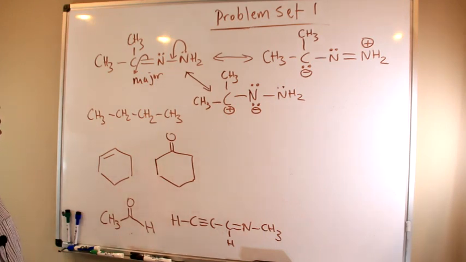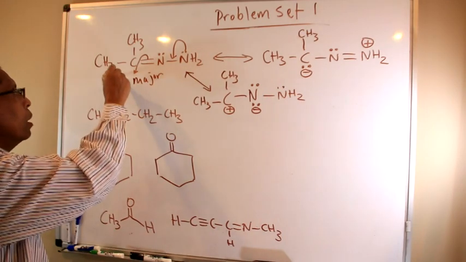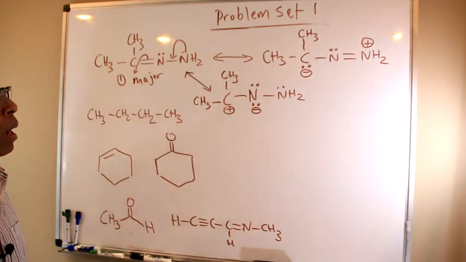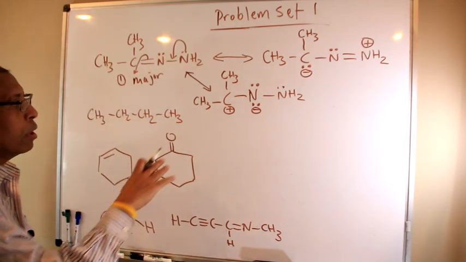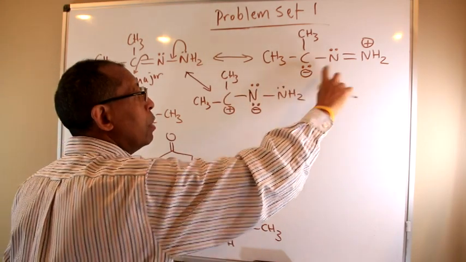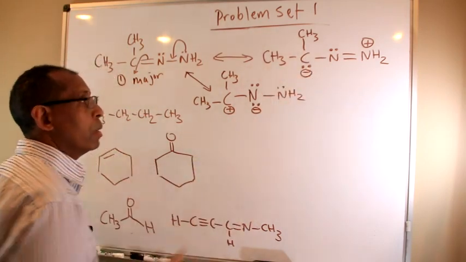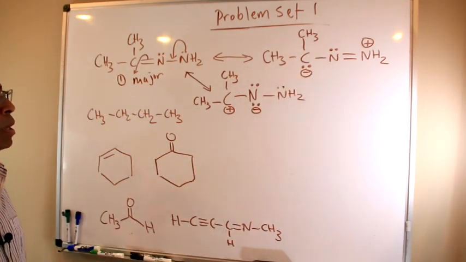In the second case, if you put them on a number one scale in terms of charge separation, this is charge separated and the negative charge is on carbon. So it may not be a very good resonance structure, meaning it would not be the second major.